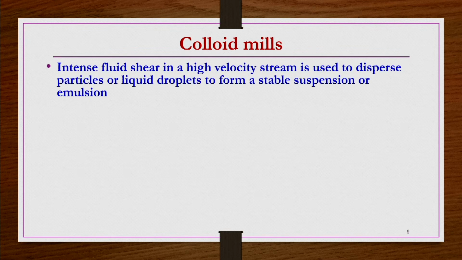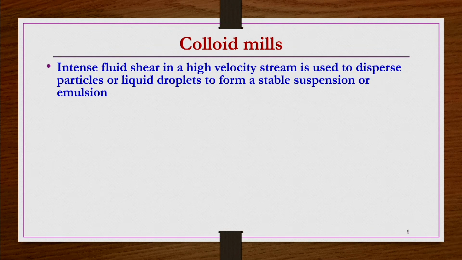The gap between the casing and the disc is in general very small, between 1 to 25 microns. The feed comes in, trapped between these, and will be homogenized into individual particles. Whatever clusters are there will be disintegrated and homogenization takes place. That is the basic principle of colloid mills.